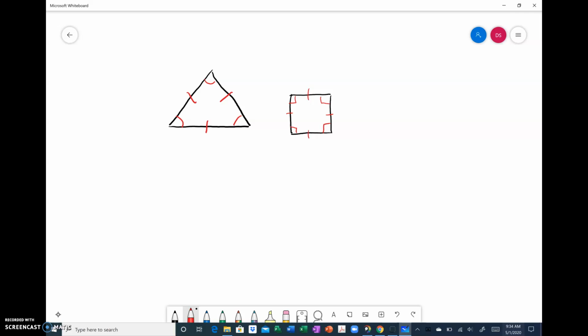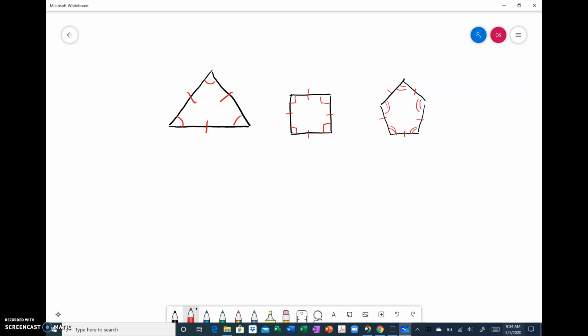And then the pentagon on the right is also considered a regular polygon, which we'll talk about in a second. That's a terrible drawing, but you can see that all 5 sides are congruent, and also all 5 angles are the same measure, or are congruent.